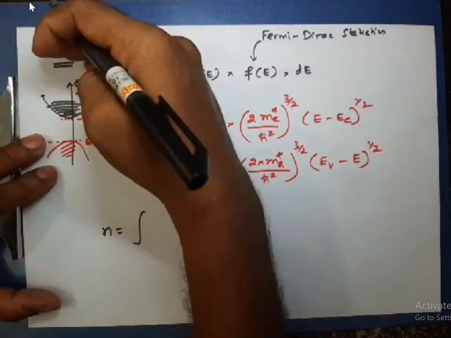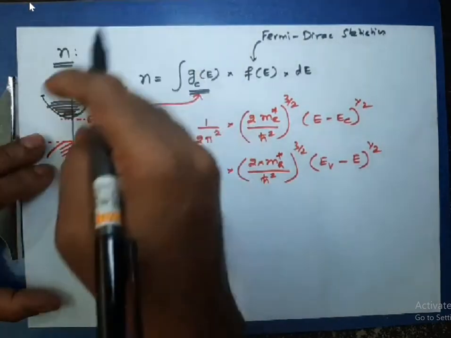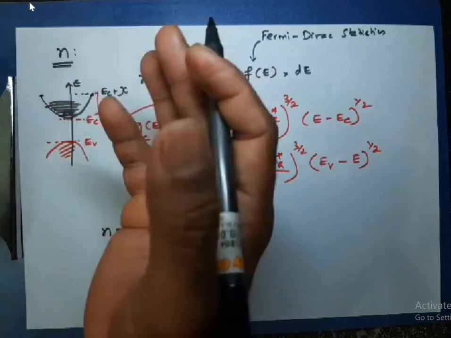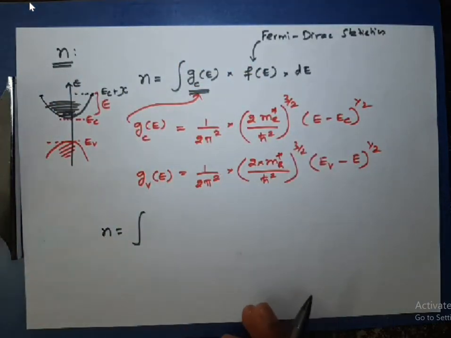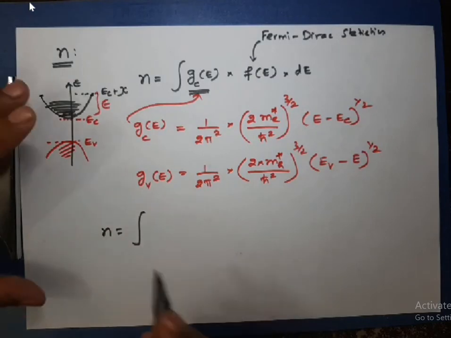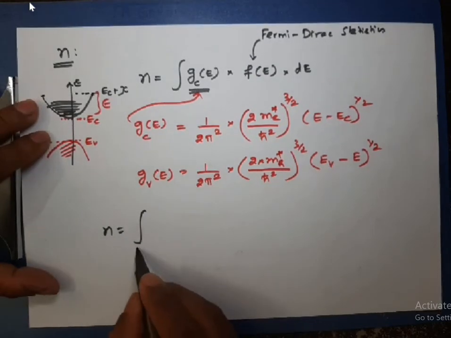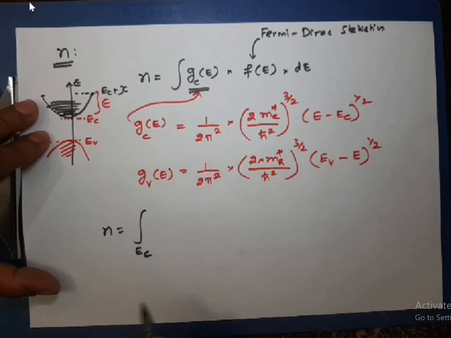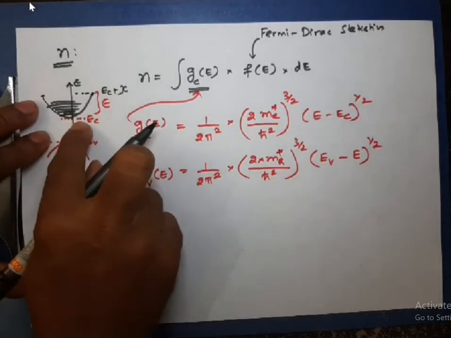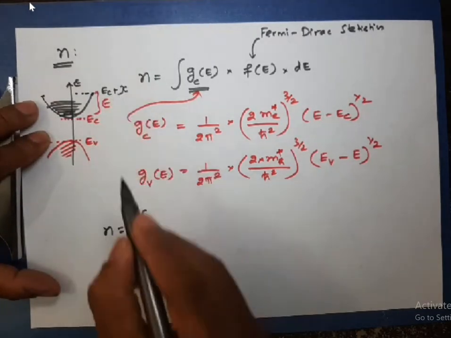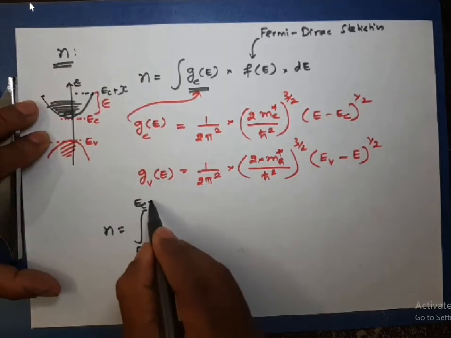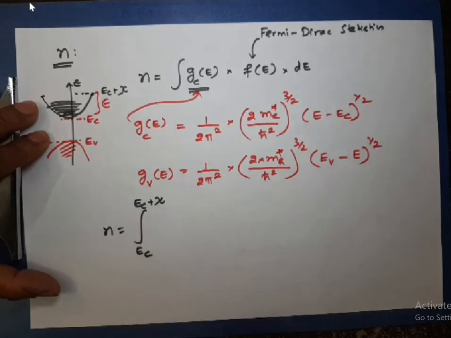Above that there are no energy levels available, or no electrons occupying those positions. Therefore, we have to integrate from EC up to EC plus chi.